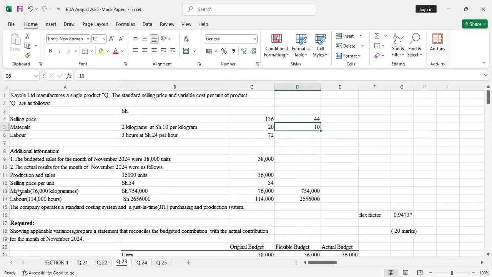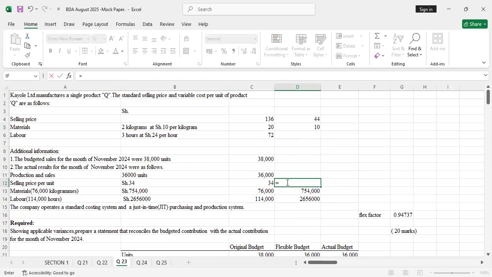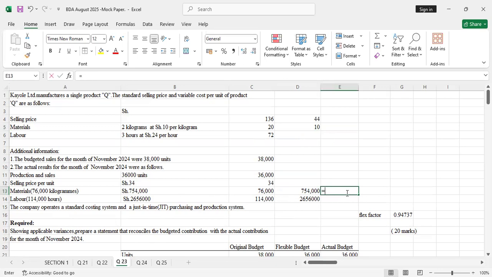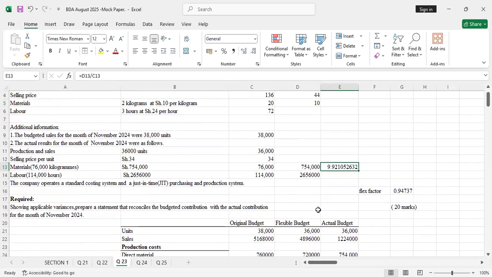We used 76,000 kilograms and the total was 754,000. So the actual price per kg will be 754,000 divided by 76,000 kilograms.